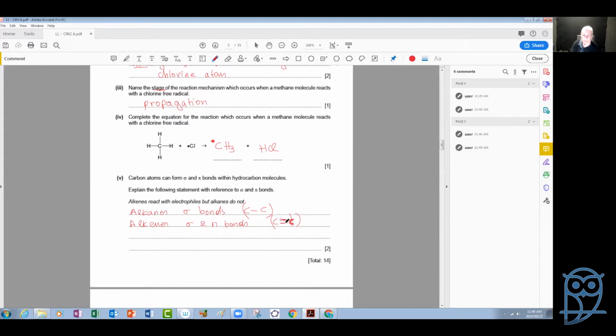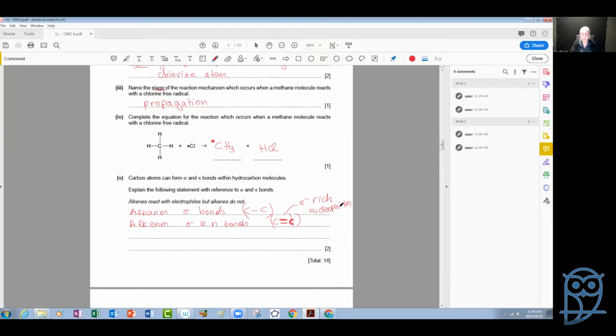One thing which is very important with the double bonds is that they are electron-rich centers, which we can also call nucleophiles.